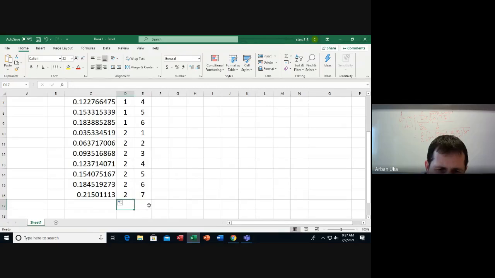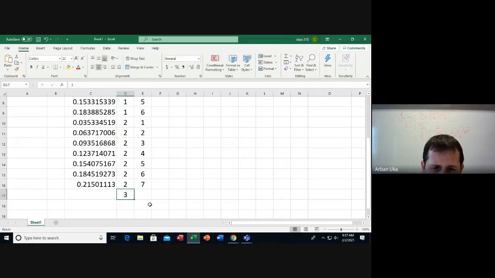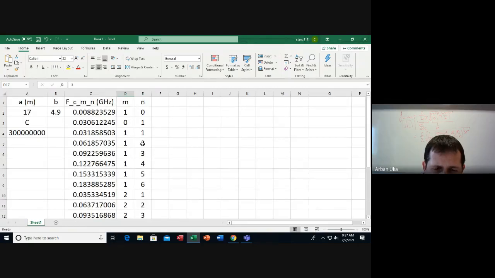Apparently now we have to combine. Let's also check the following: 2,1 and 1,2. So this is 1,2 and this is 2,1. We notice that they are not the same, and this is expected because a and b are different. So these modes are not degenerate.